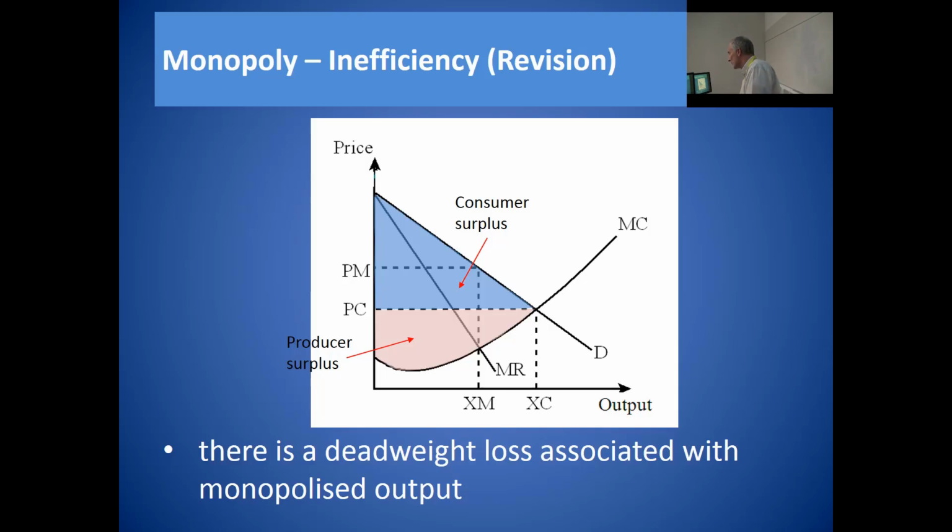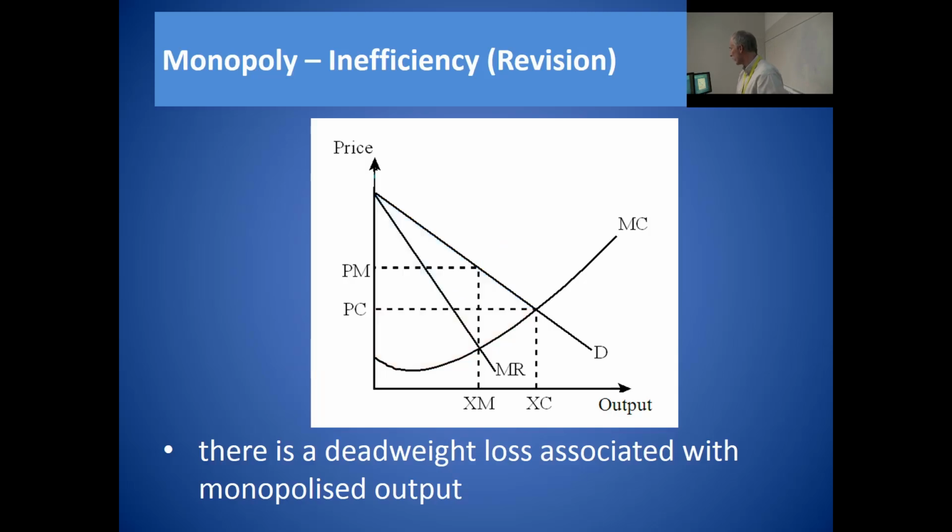The monopolist restricts output to XM, and by restricting output, it forces the price up to a level of PM. So we've got different price and output combinations. And it's this different price and output combination that leads to this deadweight loss.